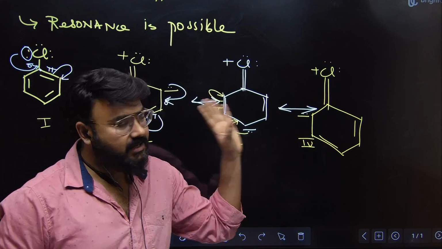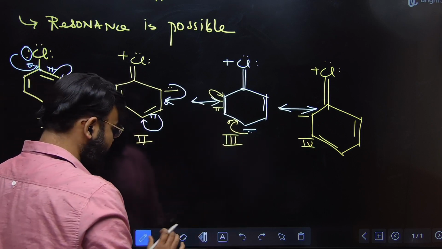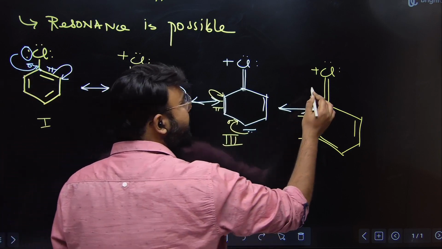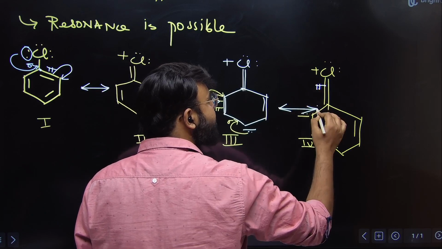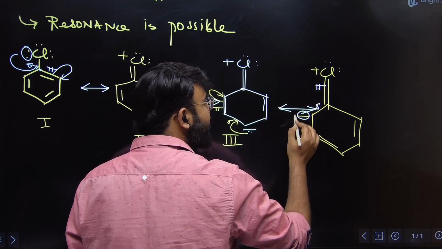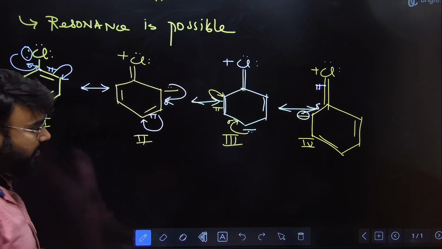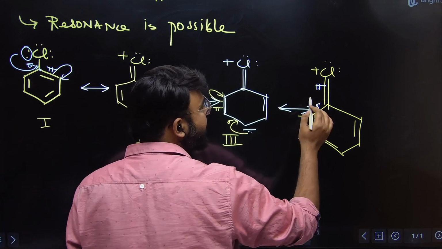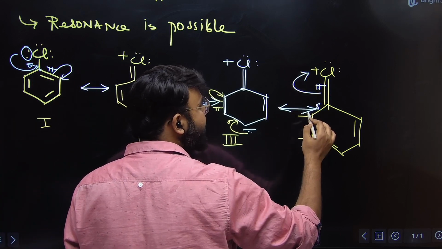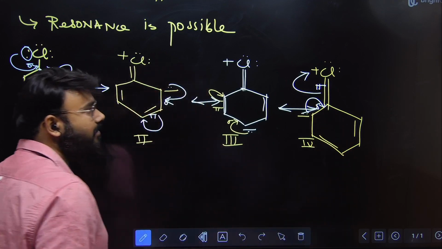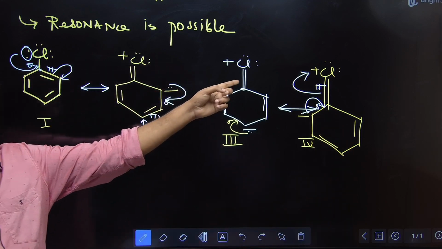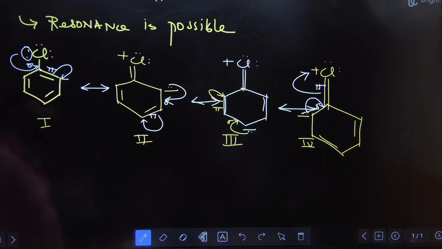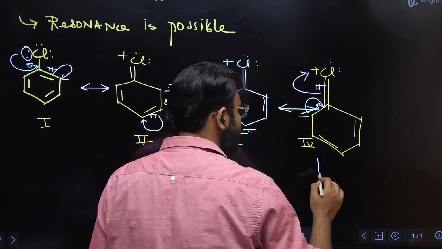Now tell me the last and final step. You can see the pattern here. It's pi, sigma, lone pair, right? Pi, sigma, lone pair. So what will happen? This pi will shift here and this lone pair comes here. Finally, we got back to where we started, and our resonance is complete.